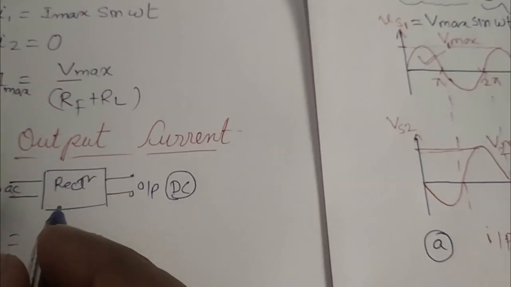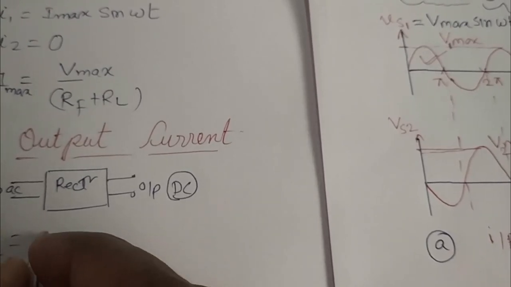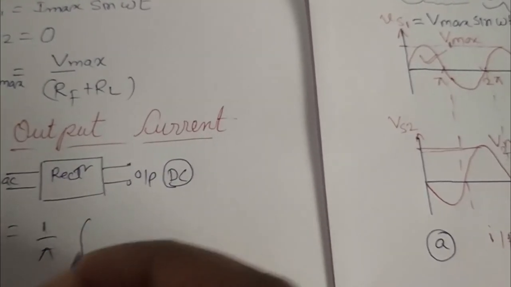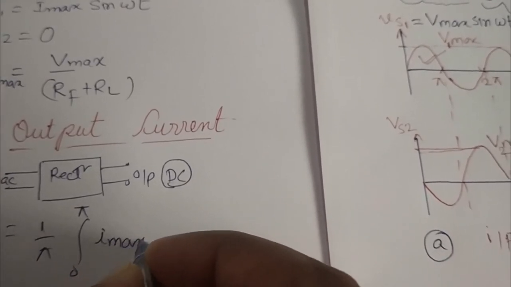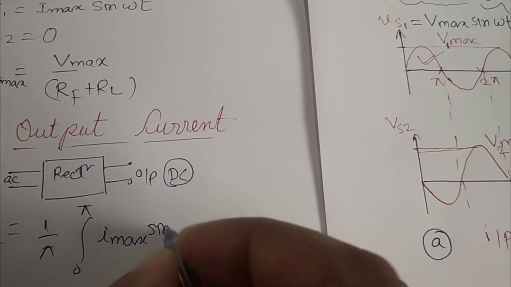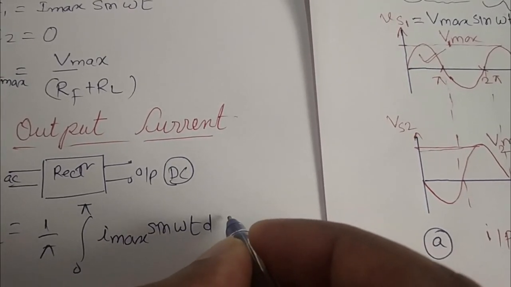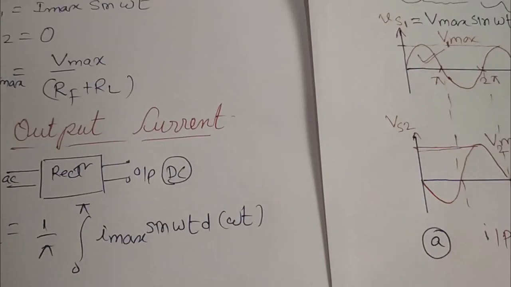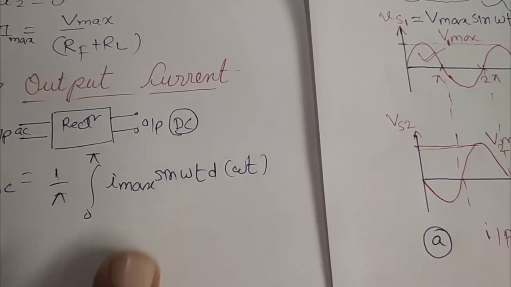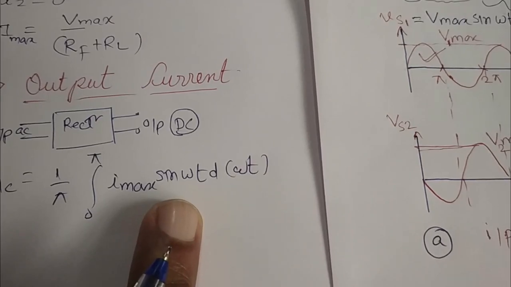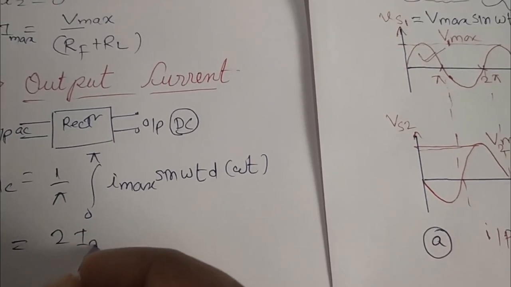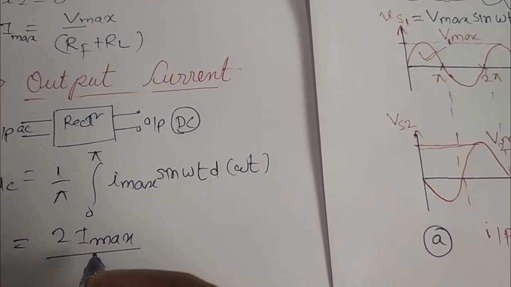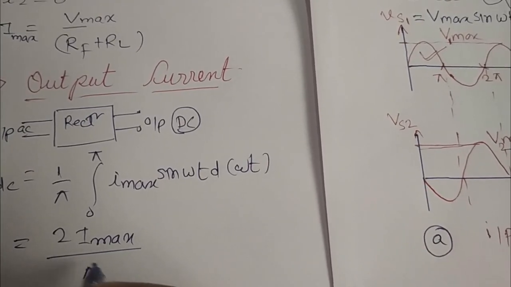So this IDC will be equal to 1 upon pi, integration over 0 to pi of I1. What is I1? I1 is I max sine omega t d omega t. Like the half wave rectifier, we can solve this integration. After solving it, we will get 2 I max divided by pi.